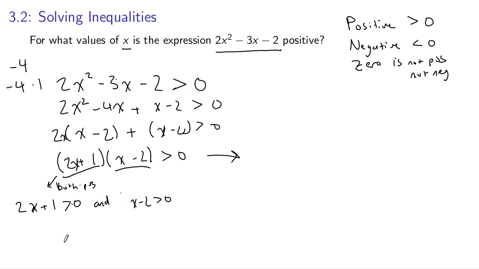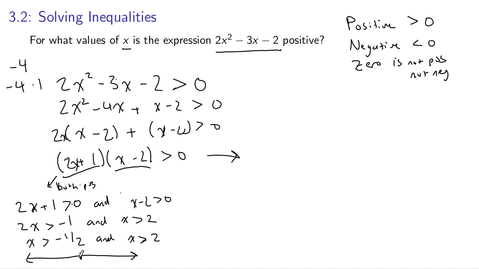So let's see if both of these can be true at the same time. 2x is greater than minus 1, and x is greater than 2 by adding 2 to both sides. Dividing by 2 on the left inequality, we have x is greater than negative 1/2, and x is greater than 2. If we think about a number line, it may help us.